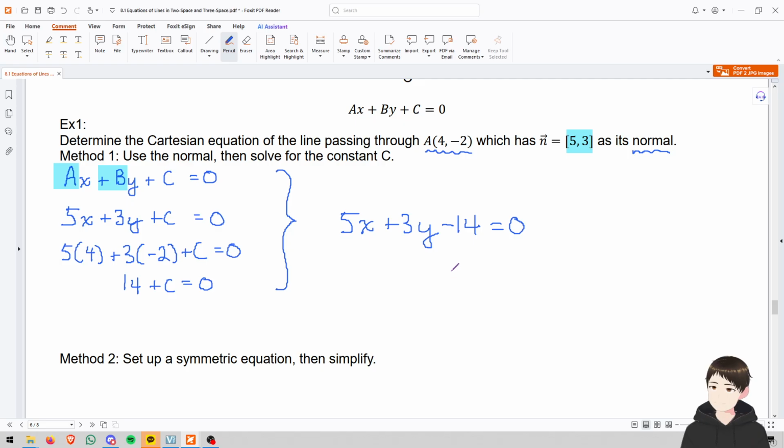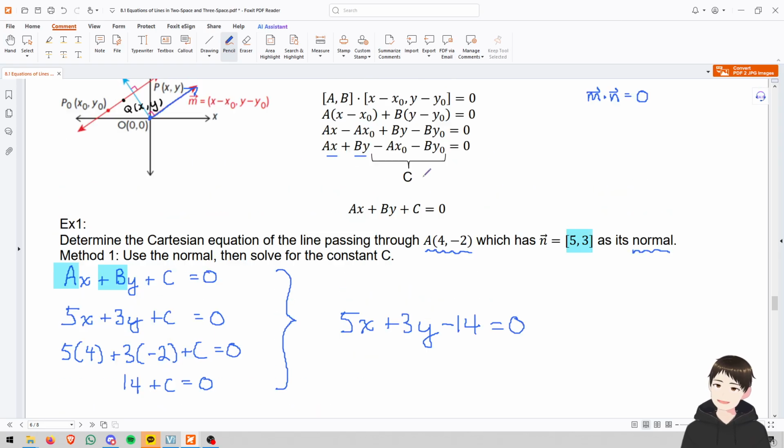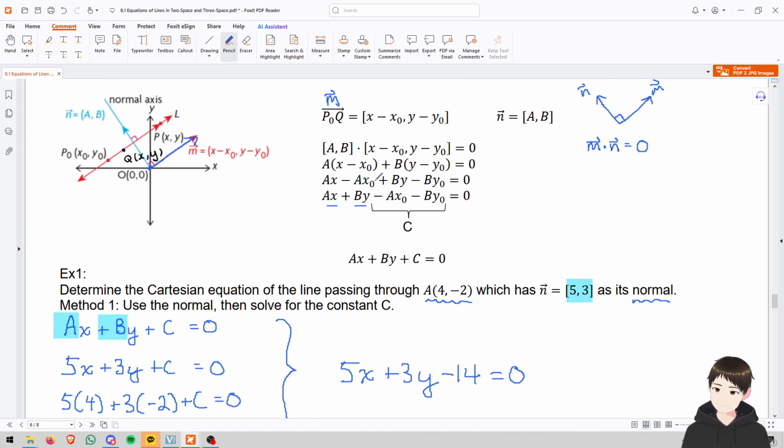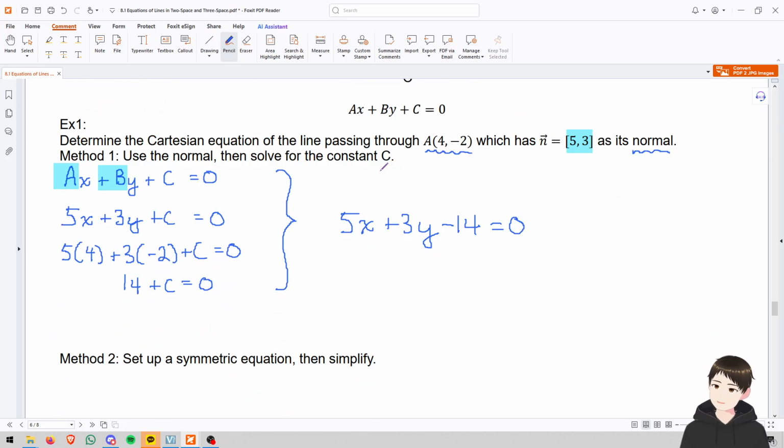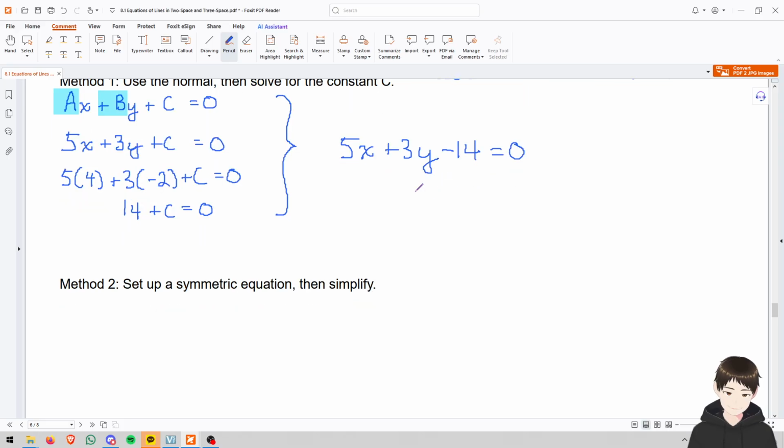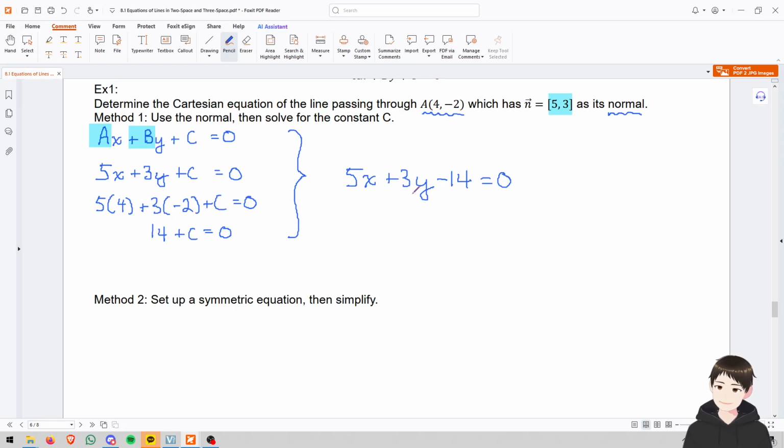So simple. If we didn't have this powerful knowledge, then you'd have to go about a real roundabout way. Let's say I don't know that, but I just know that the normal is 90 degrees to the direction vector. Set up a symmetric equation.